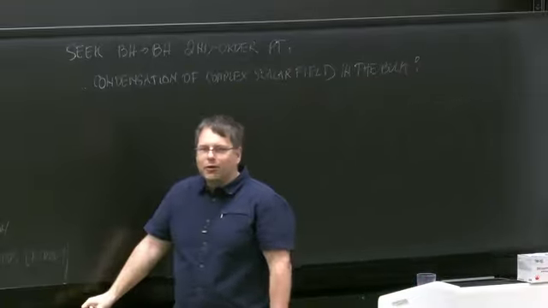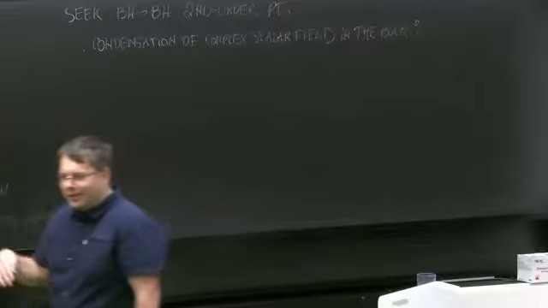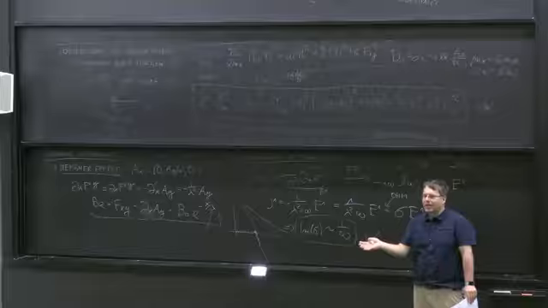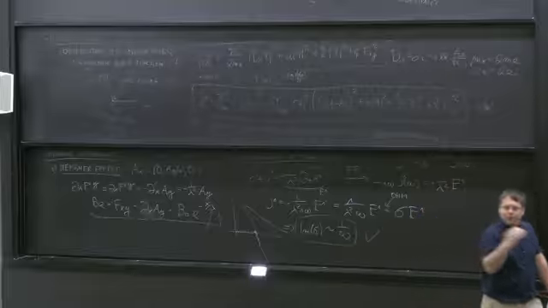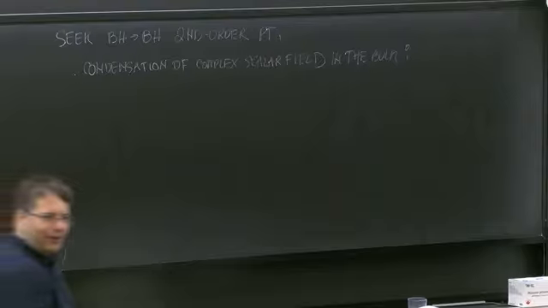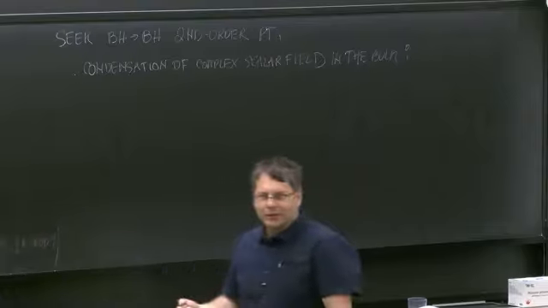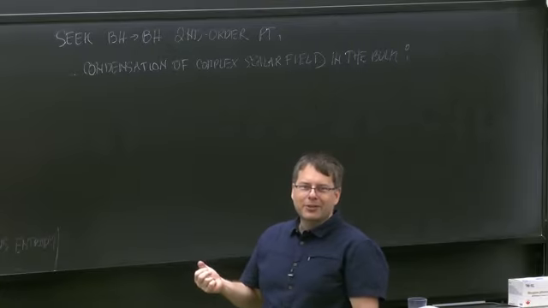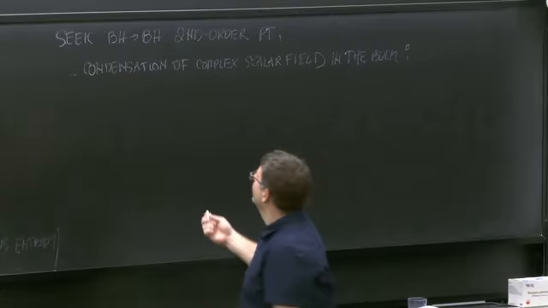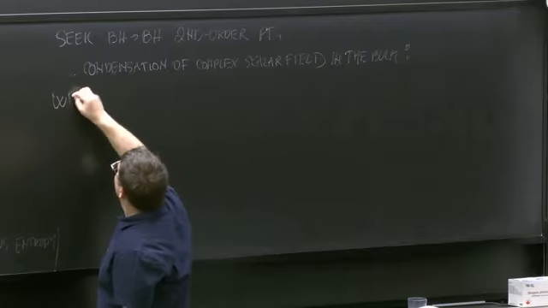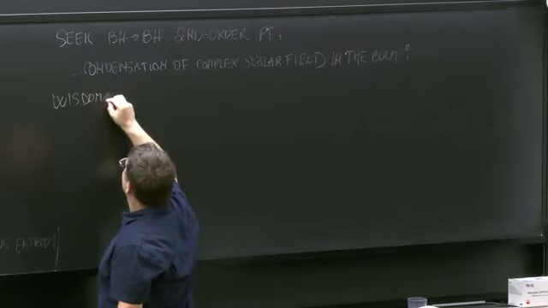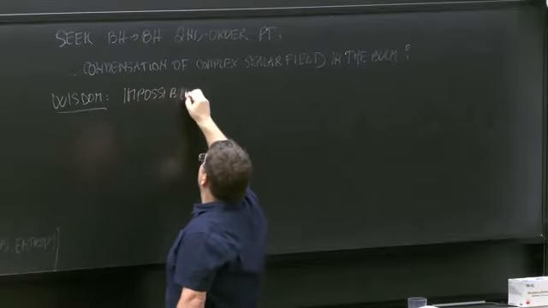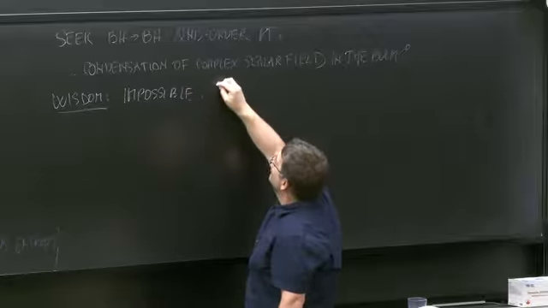So in other words, the phase transition which we are seeking is a phase transition from a black hole which has no scalar hair to a black hole which has scalar hair below the critical temperature. Okay? Now, if you ask people 20 years ago, they will immediately tell you this is impossible. The wisdom is that this is impossible, as we have no-hair theorems.